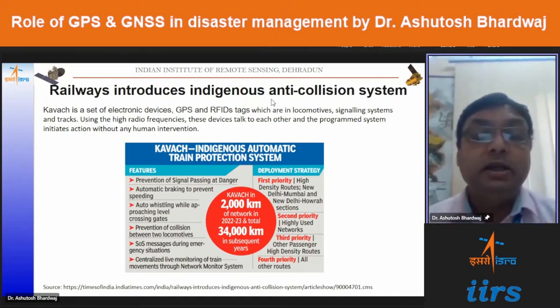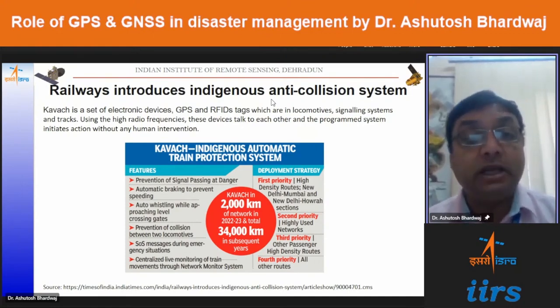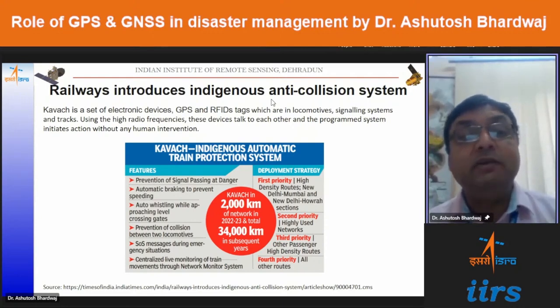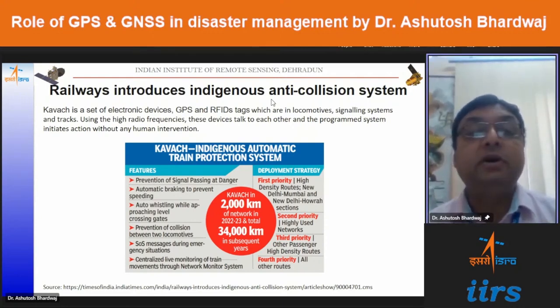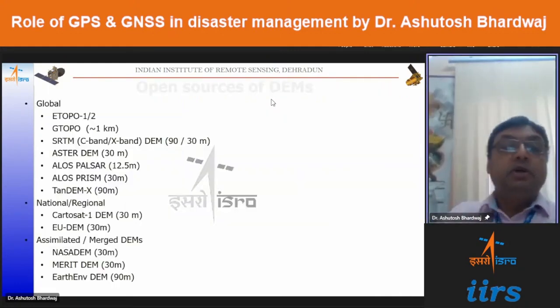So now we will exactly know whether the two trains which are approaching each other are on adjacent railway tracks or on the same track. If they are on the same track, this Kavach system will save us from any kind of collision. So here also GPS plays a very important role.